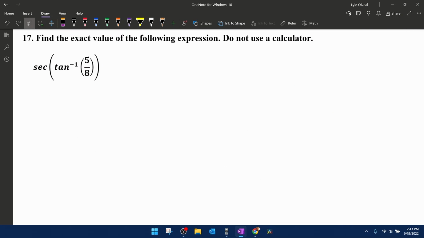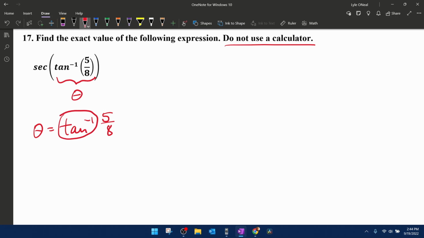Next, number 17. Again, find the exact value of the following expression. Again, it says do not use a calculator. So what we're going to do here is say secant of theta. The inverse tangent of 5 eighths, that is my theta. And so I'm going to set up an equation that says theta is the inverse tangent of 5 eighths.